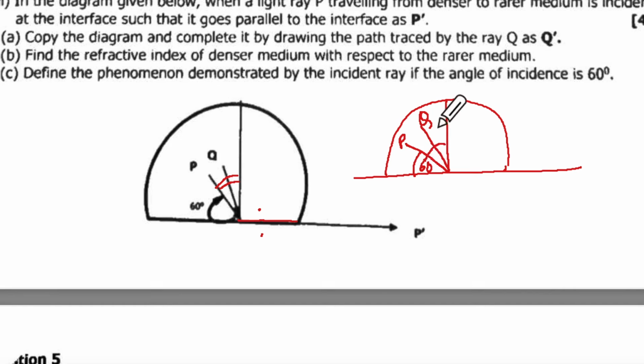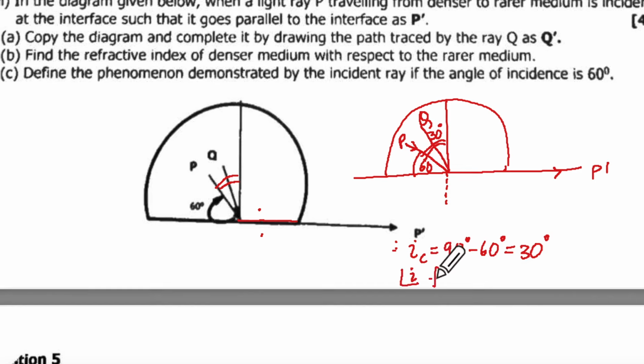So how much is this? This is 30 degrees from here to here. This is 30 degrees. Correct? P is going this way as P dash. Okay, so we will show this. Therefore, critical angle is how much? 90 degrees minus 60 degrees. How much is that? 30 degrees. Correct?